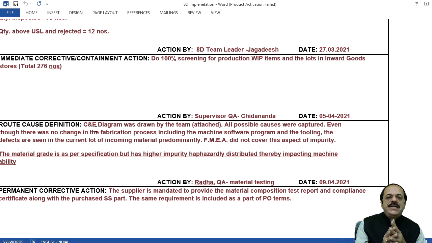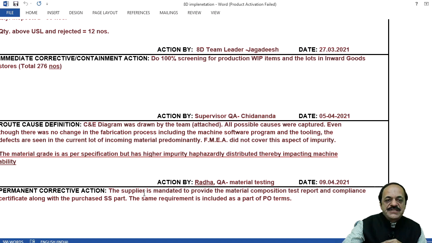Finally, it boiled down to the material composition or material property. They checked in FMEA. FMEA did not contain any caution on material purity or requirement or actions to ensure purity of materials. The material grade checking was the only option left, which was given to QA material testing in charge, Mrs. Radha. Timeline was given.